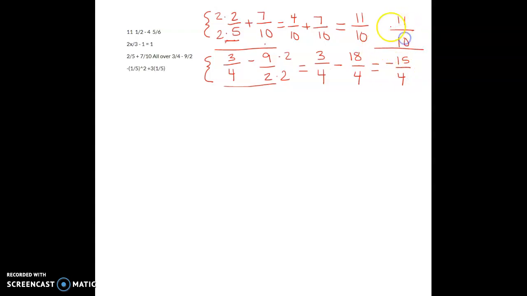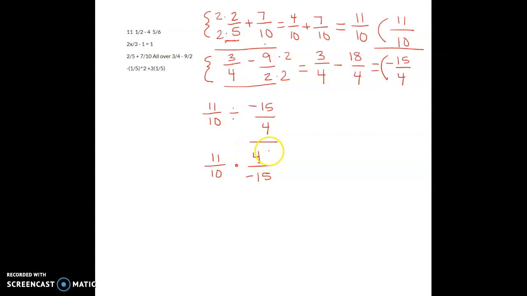So now I have a fraction right here over a fraction right here. Well, another way I can write that is I can say 11/10 divided by negative 15/4. When I divide fractions, I flip the second fraction and multiply. So that will become 11/10, which stays the same, times 4 over negative 15. Now here I'm going to look to cross cancel.